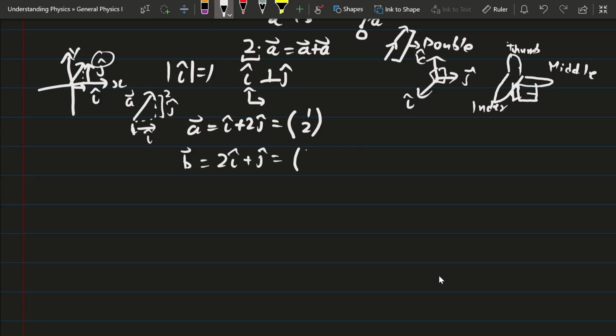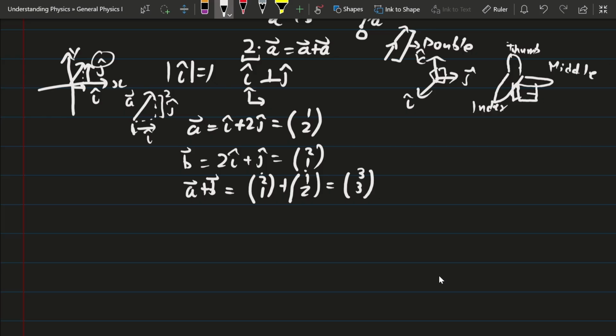So this will be (2, 1). So if you add A vector and B vector together, you would get (2, 1) plus (1, 2). And so adding vectors together is very easy. You just need to add the top one by the top, and the bottom by the bottom. Same thing with 3 dimensions, but then instead you have 3 different variables. So this is quite simple.